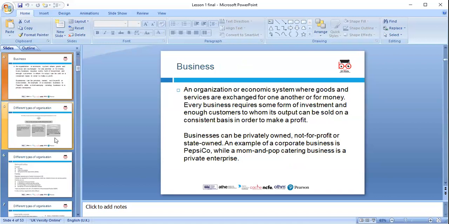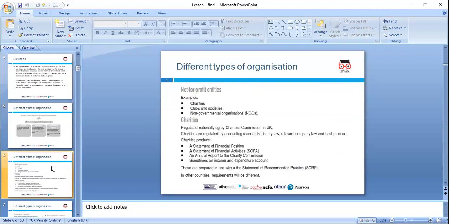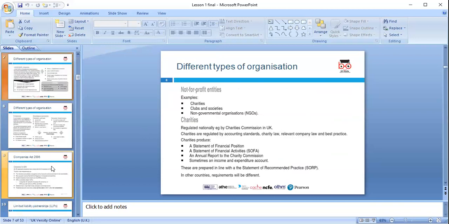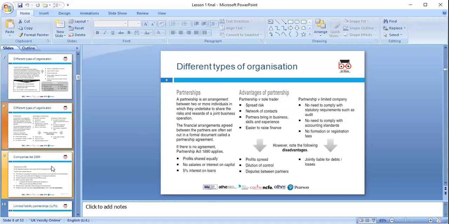We went through sole trader, partnership and limited company. We also discussed non-profit organizations, charities, and limited liability companies with their advantages and disadvantages. A limited liability partnership has 2 to 20 people.